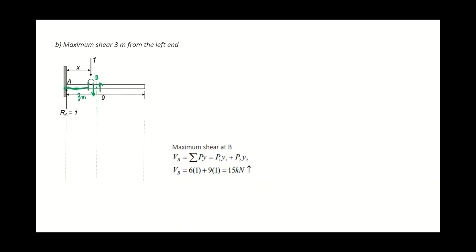Then, from point B, papunta sa free end, it should be equal to 1. So, ganito yung influence diagram. And then, ilagay nyo ulit yung concentrated loads. So, this is your shear at B. So, ganun lang kadali. Madali lang siya pag cantilever beam.